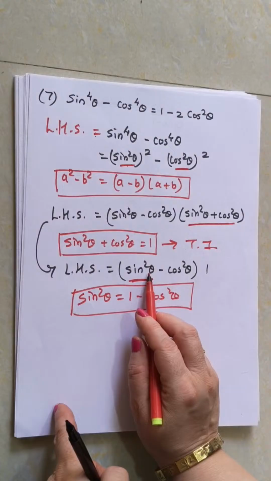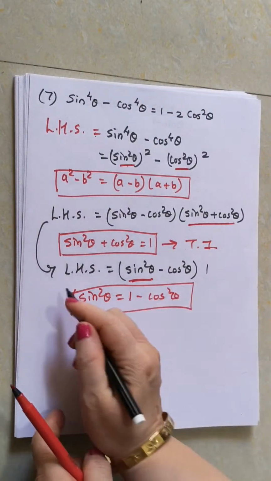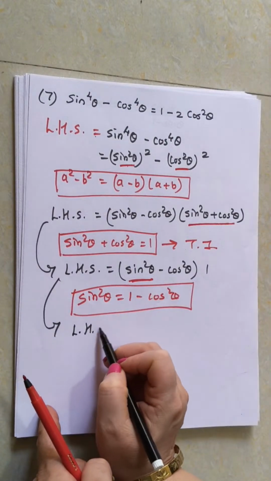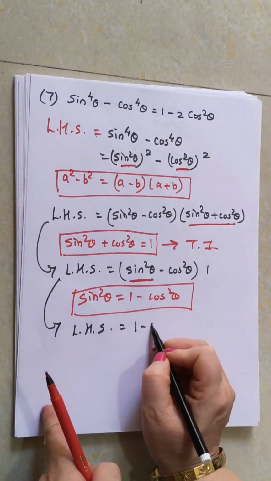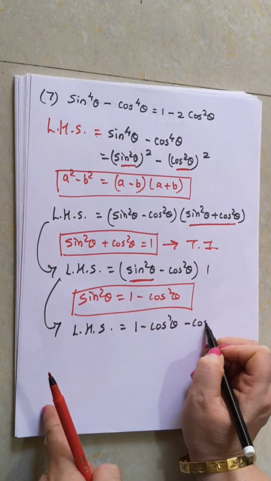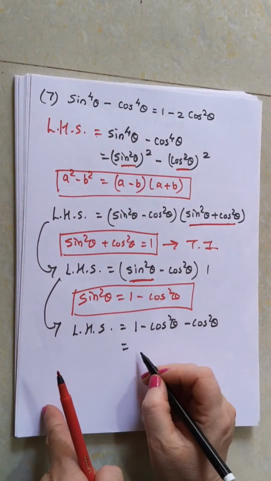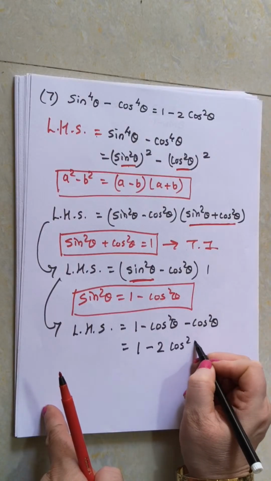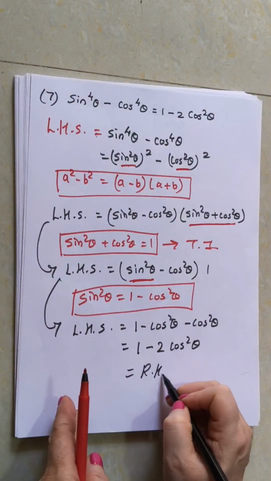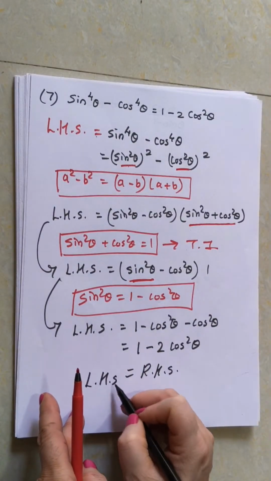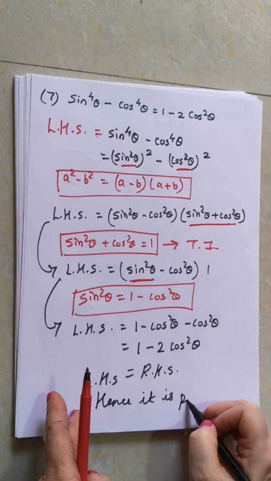In place of sine square theta, we put 1 minus cos square theta, and minus cos square theta. So minus cos square theta minus cos square theta, that is minus 2 cos square theta, and 1 minus 2 cos square theta is only my RHS. So LHS is equals to RHS, hence it is proved.